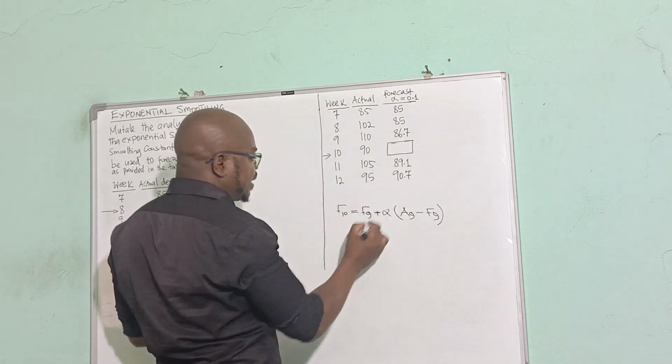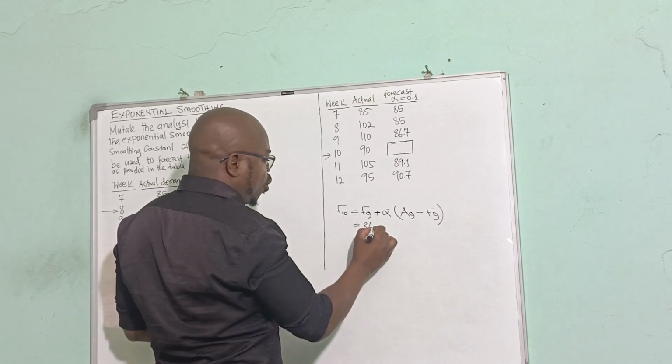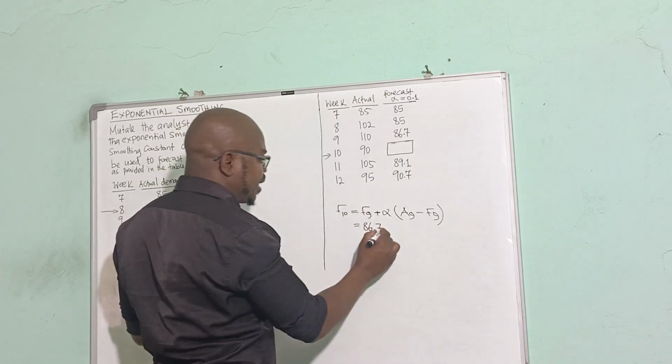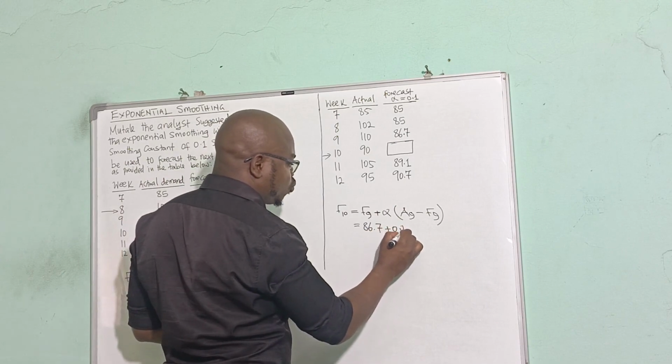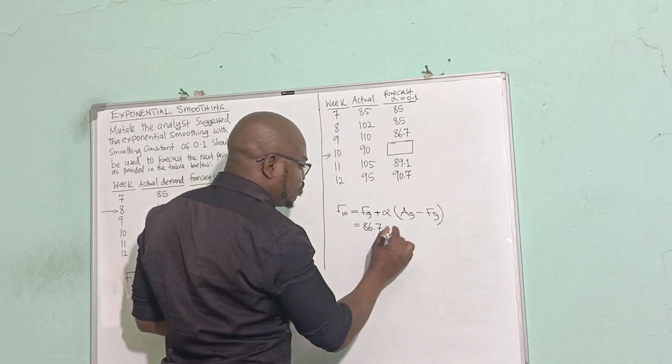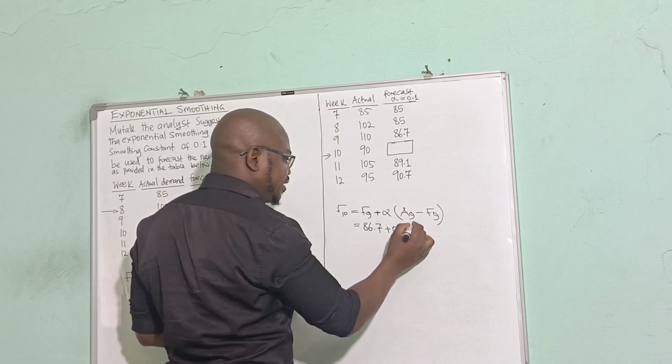Here I could have just said 86.7, that's the forecast for period 9, plus constant factor 0.1, and then 0.1 sometimes looks like a 7, and I deceive people.